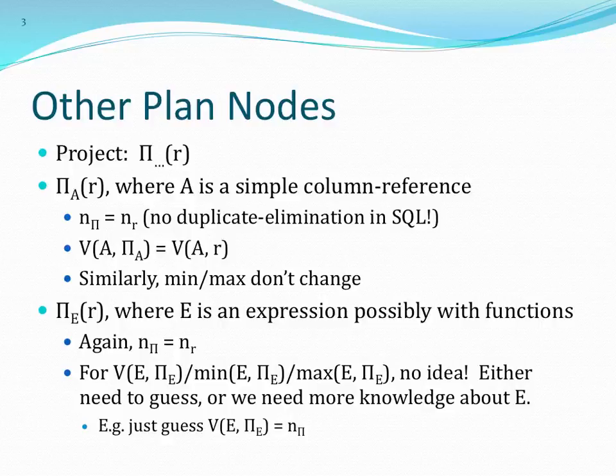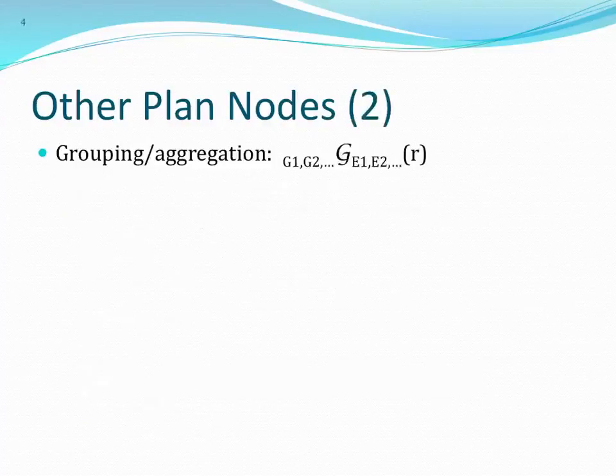You could also imagine that if you knew some details about functions like sine and cosine, the min and max values will always be well known. You could do some things like that for some functions, but there are plenty of functions where you really have no idea. I haven't seen sine and cosine show up in many database queries in a long time, so that tends to be pretty uncommon.